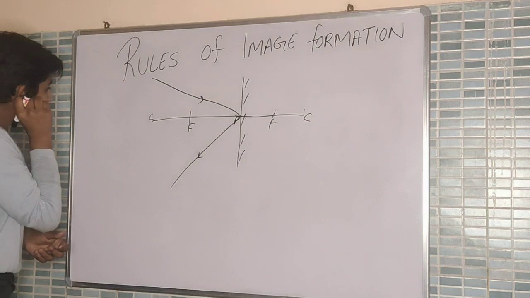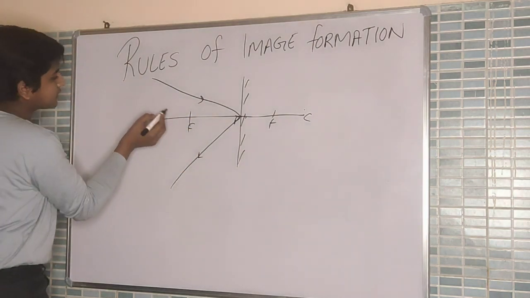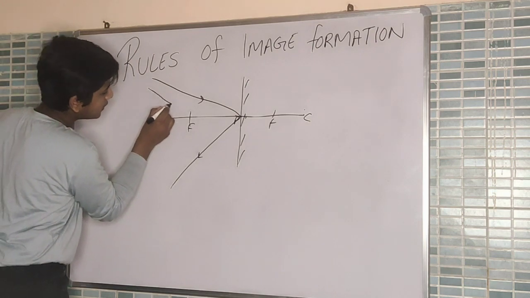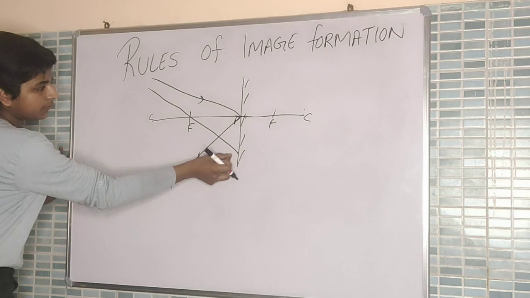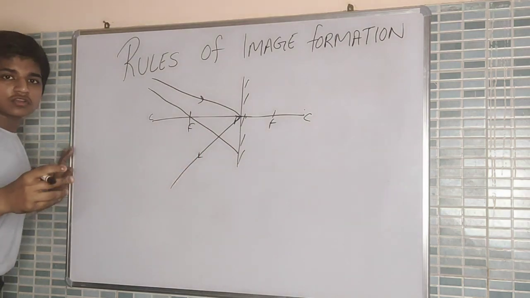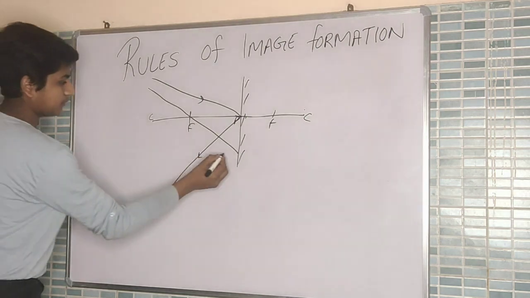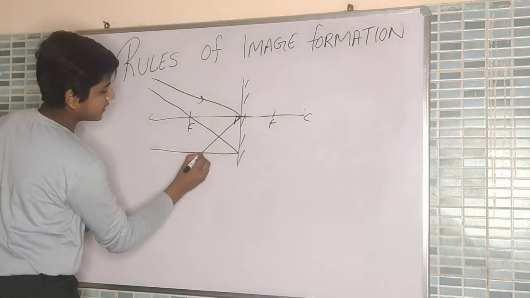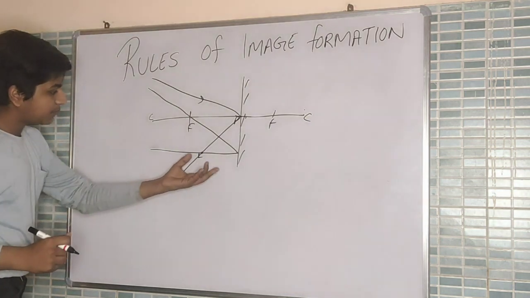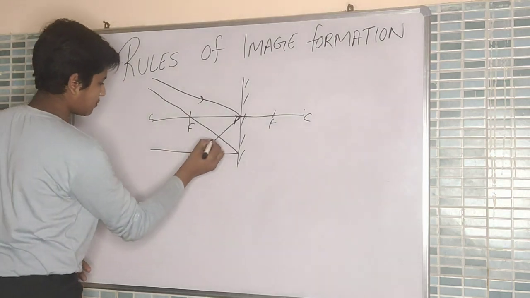And same if I pass the second ray of light, that is when I am passing a ray of light through focus, it will be reflected parallel to the principal axis. And here we can see that these two reflected rays are meeting at a point, and here is where the image is formed.